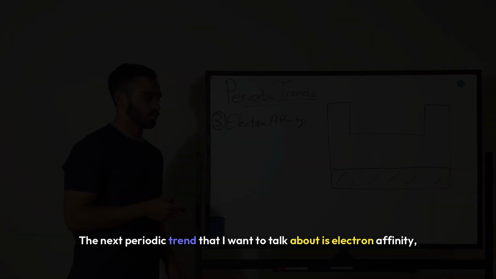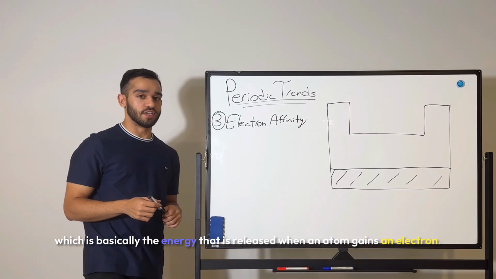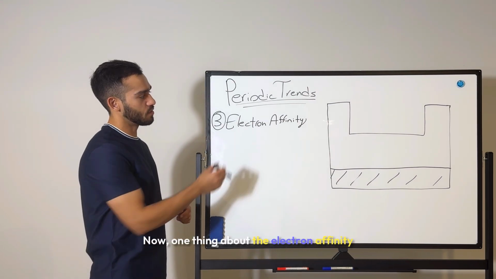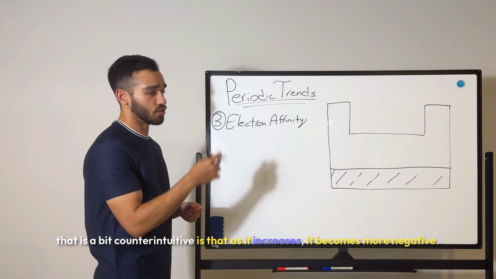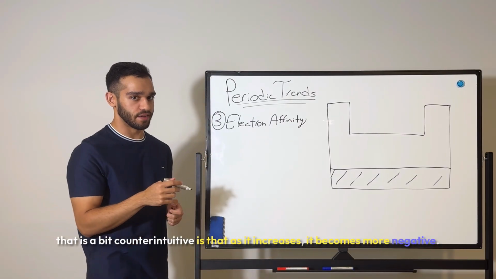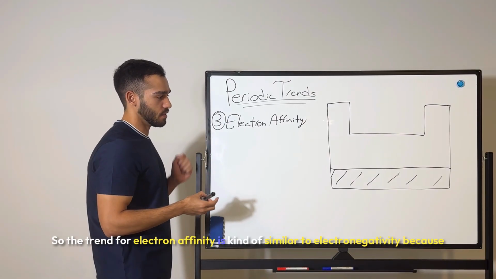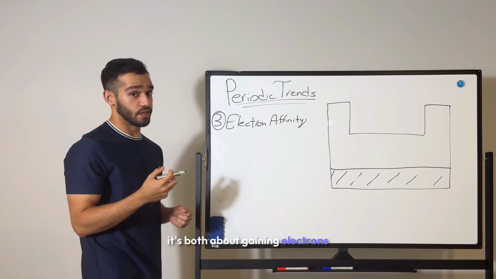The next periodic trend that I want to talk about is electron affinity, which is basically the energy that is released when an atom gains an electron. Now, one thing about the electron affinity that is a bit counterintuitive is that as it increases, it becomes more negative. So the trend for electron affinity is kind of similar to electronegativity because it's both about gaining electrons.